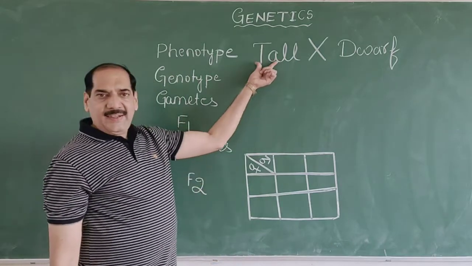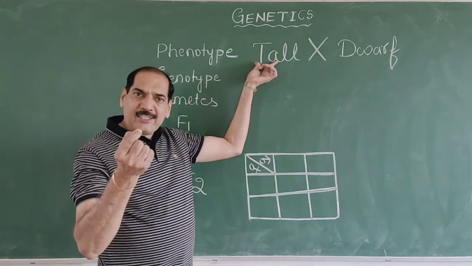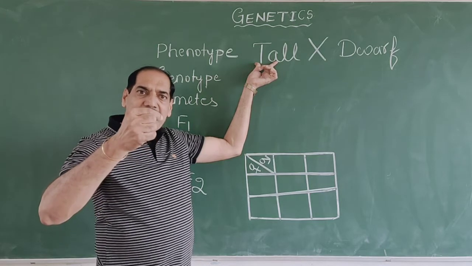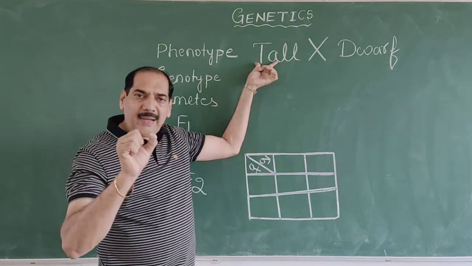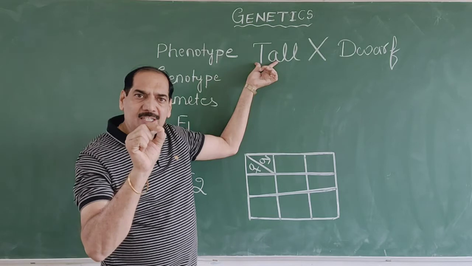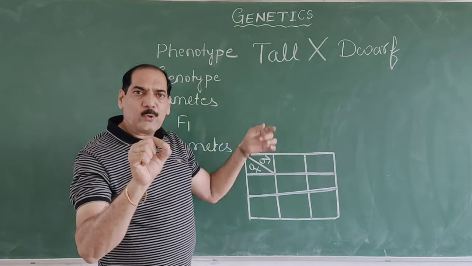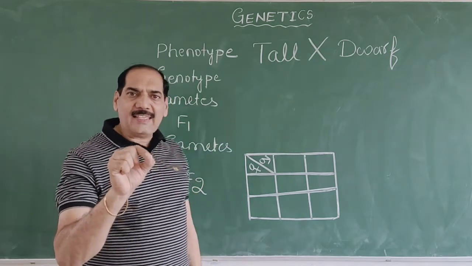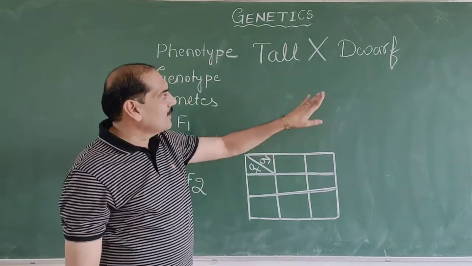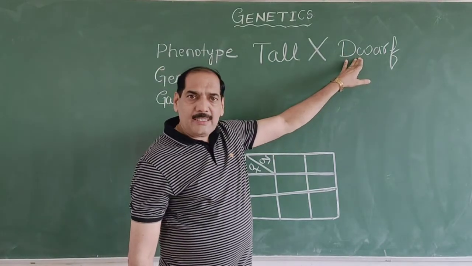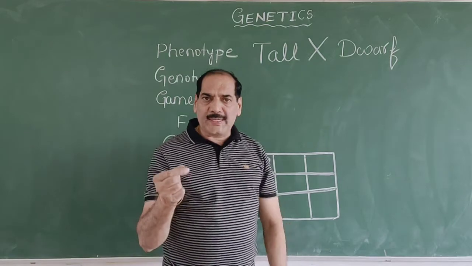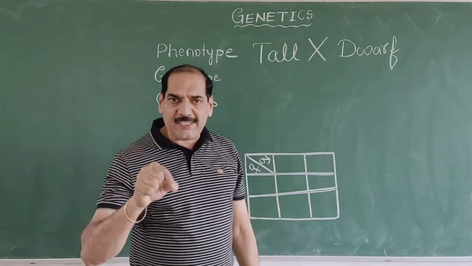Here in this plant, the tall character is controlled by certain factors. Mendel used the term factor. Today we call that a gene. Even in the dwarf plant, the dwarf character is also controlled by factors.